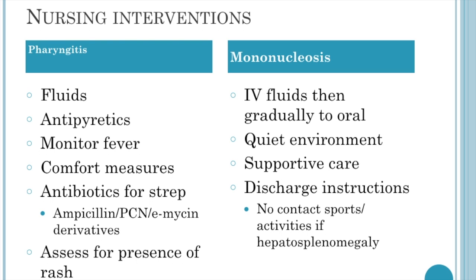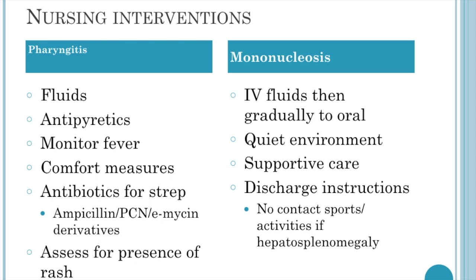So, this is an example, 9 o'clock we give Tylenol, 12 o'clock we give Motrin, 3 o'clock we give Tylenol, 6 o'clock we give Motrin. So about every 3 hours we're giving them an antipyretic. So it keeps the fever down and it also reduces their pain. Provide comfort measures. We try not to do much in the way of anesthetic sprays because then they can't handle their secretions and we worry about aspiration.